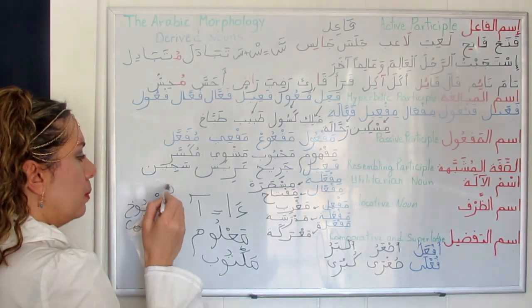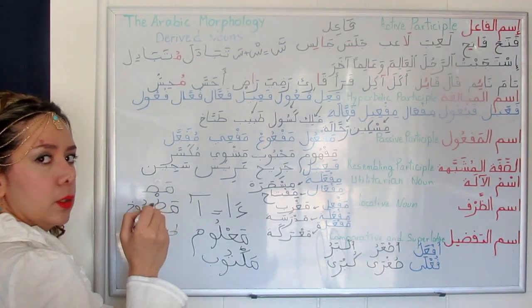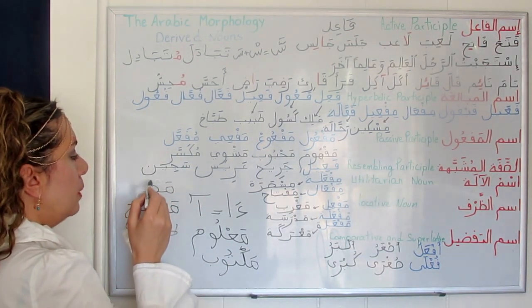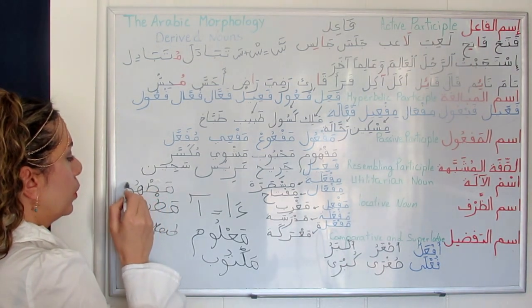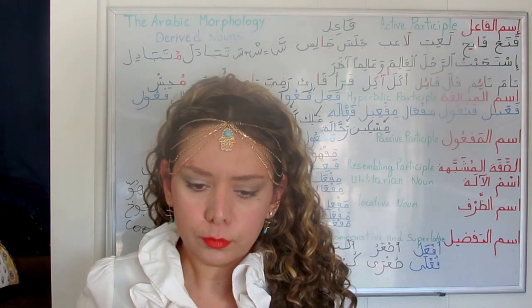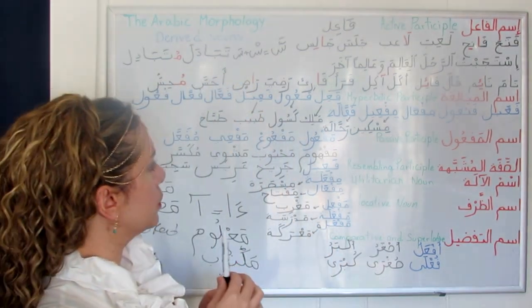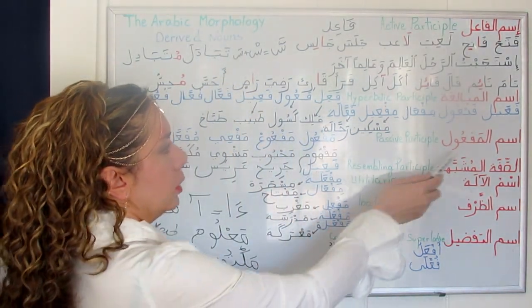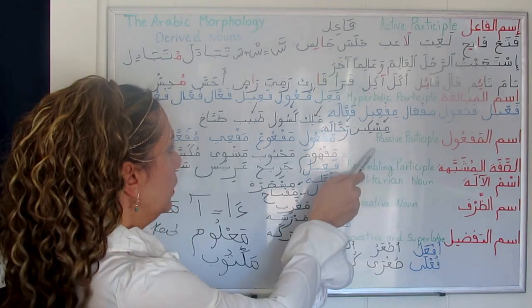Or even we can say مطهو. مطبوخ and مطهو have the same meaning, cooked. So you can follow these patterns to form the passive participle.